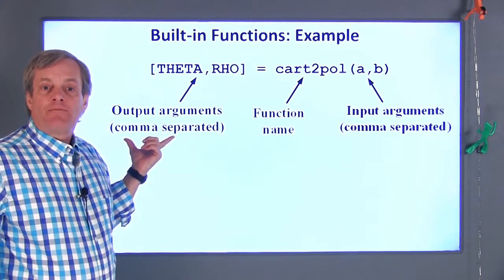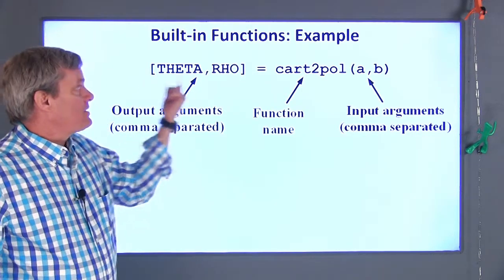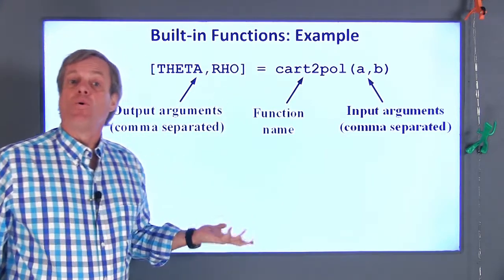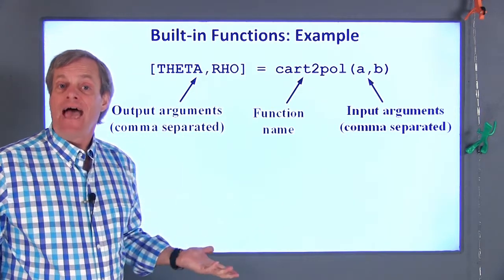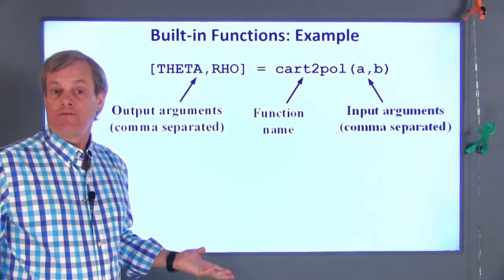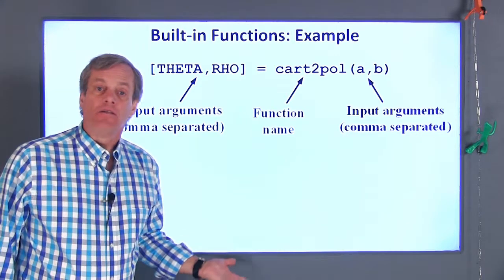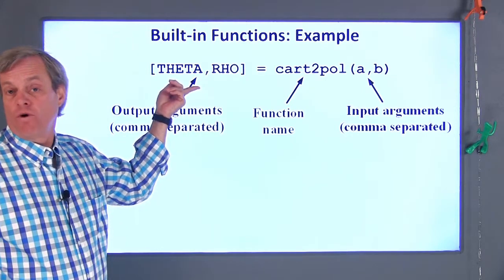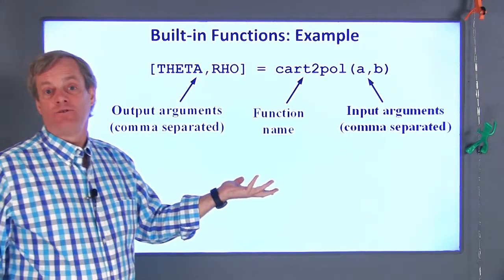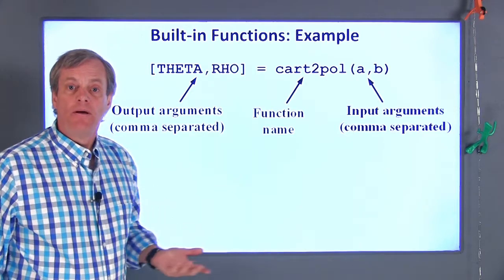The function accepts a list of output arguments in square brackets. These are the only variables that the function returns to you. It doesn't add any variables to your workspace other than these. Again, the function doesn't care what these names are. They can be theta and rho, radius and angle, or any two valid variable names.